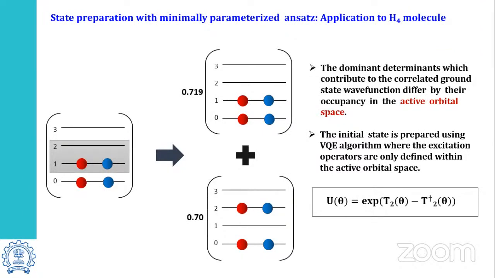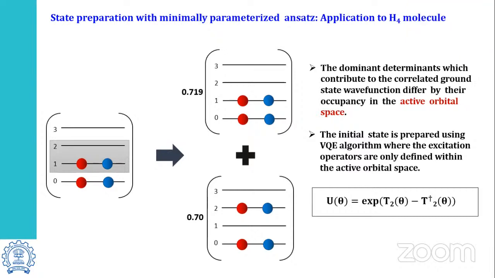Instead, you can obtain the exact wave function within these two electrons in two orbital space by performing CASCI. I think such an approach is possible, especially because this system is very small.